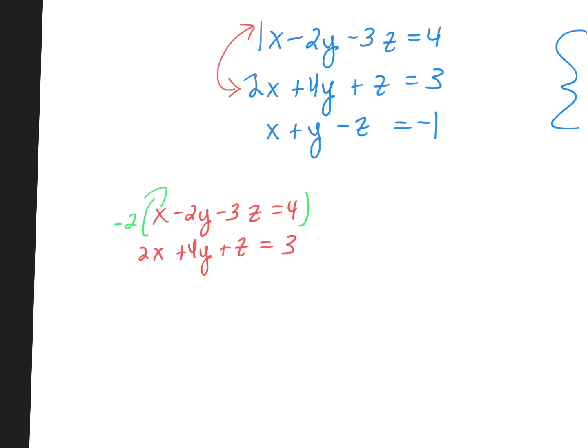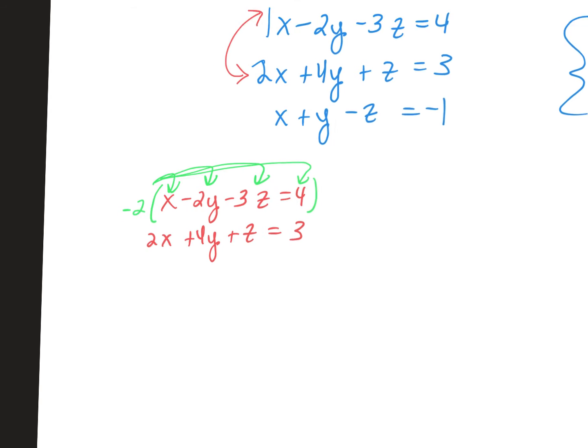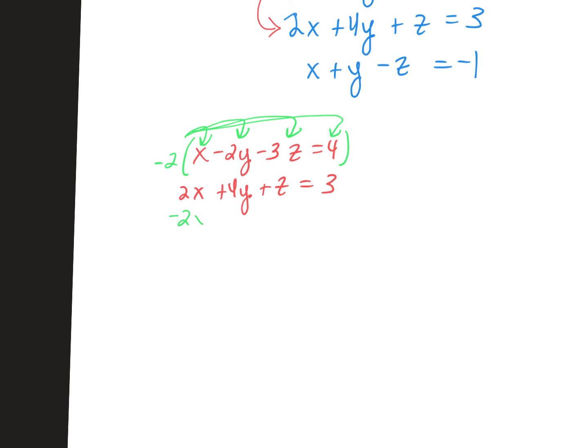Good. So I'm going to multiply here, here, here, and all the way to the other side. Whatever you do to one side of the equation, remember you do to the other. So I have negative 2x, and negative 2 times negative 2y gives me positive 4y. Negative 2 times negative 3 gives me positive 6z. And negative 2 times 4 gives me negative 8. Did I make any mistakes there? We're good? Okay, so my x's will cancel out.